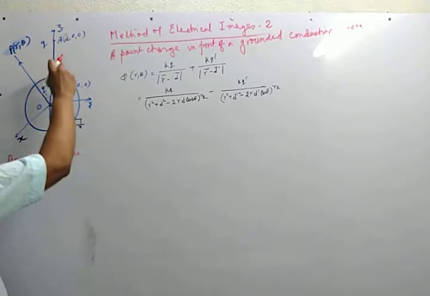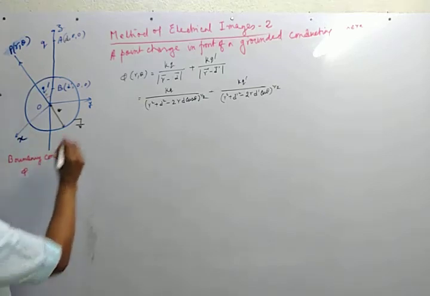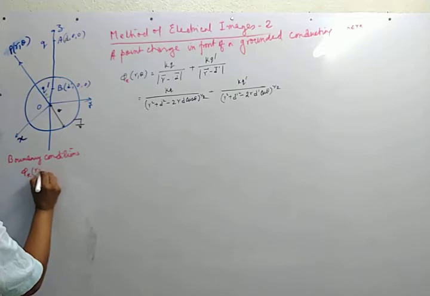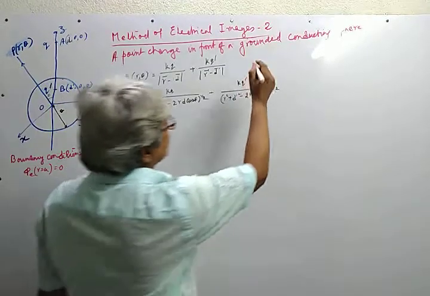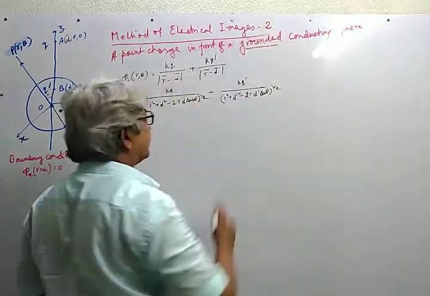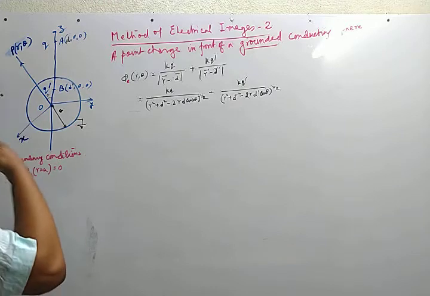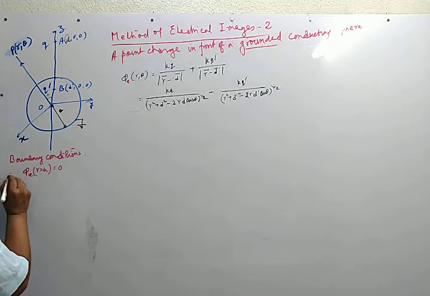Firstly, phi e at r equal to a is equal to 0. This is because this is a grounded conductor. The conductor surface is an equipotential surface, and furthermore it is grounded, so it is 0. This is the first condition.